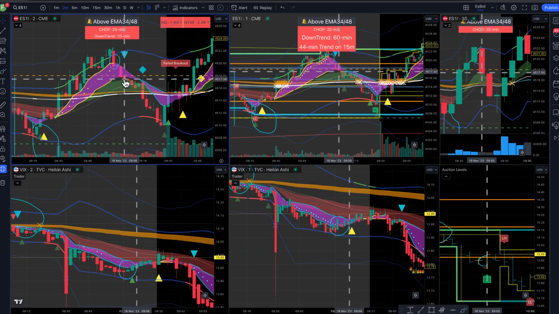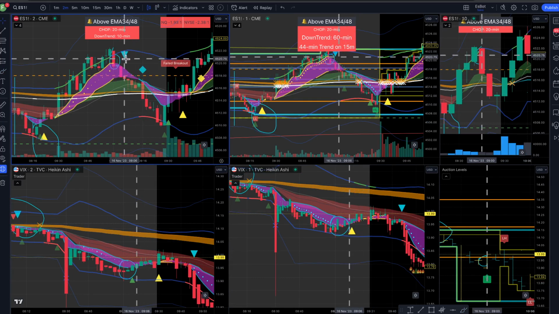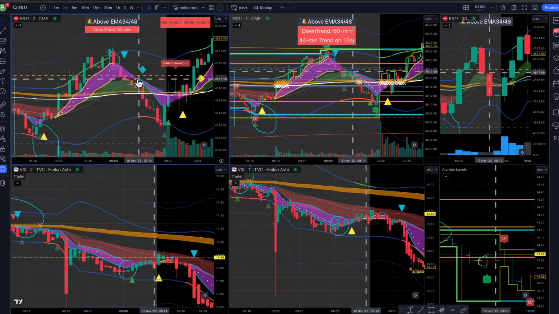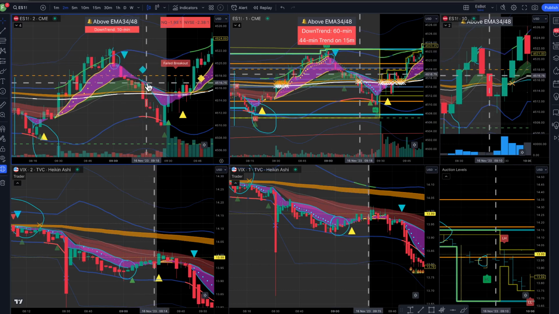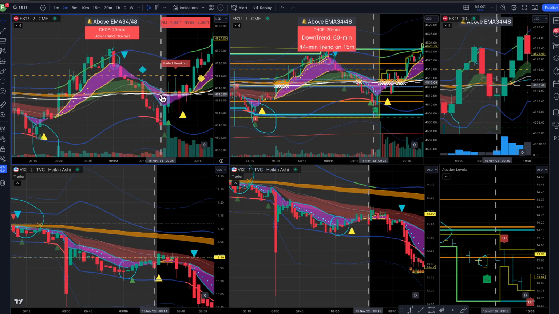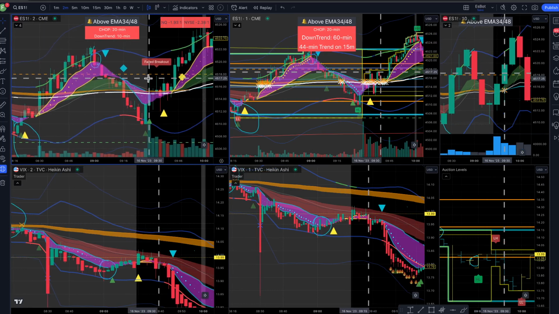This is going down, and we have a blue triangle. VIX doesn't have a yellow triangle just yet. You see this forming, but again, your next target is the VWAP. So this wouldn't be a good trade. You could scalp it, but you're probably going to overtrade, so I'm not recommending that.